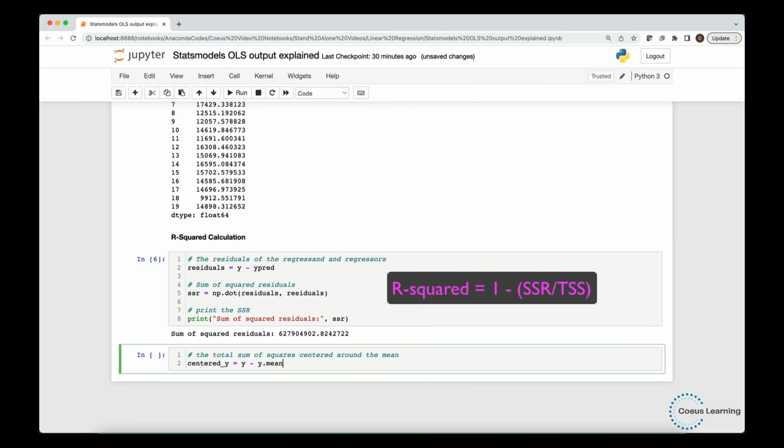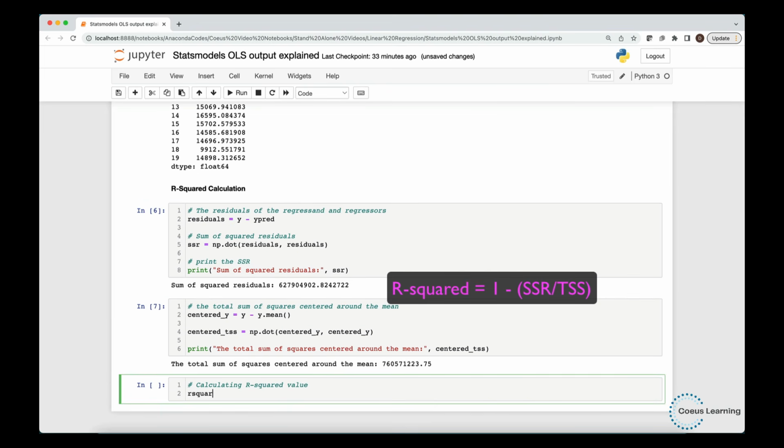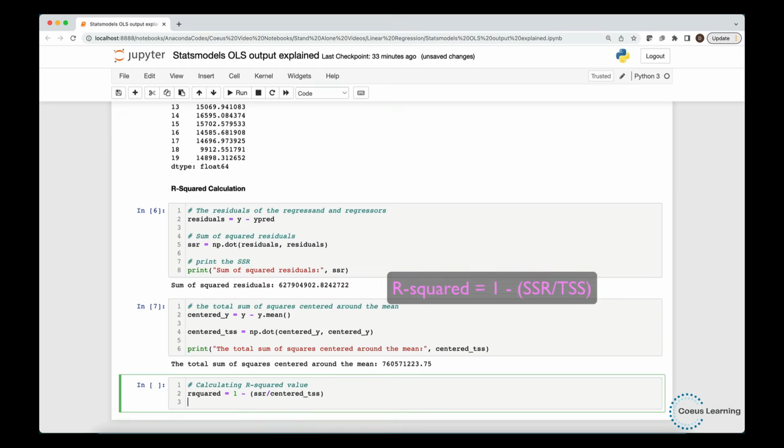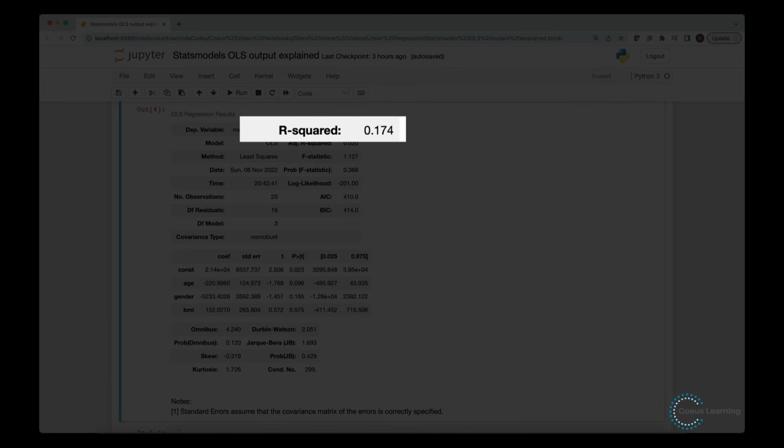Which means, we subtract the mean of target from each of the values in the target variable. With this, we get the total sum of squares centered around the mean. Finally, with the SSR and the centered TSS, we calculate the r-squared value. You may tally this computed value with the OLS output.